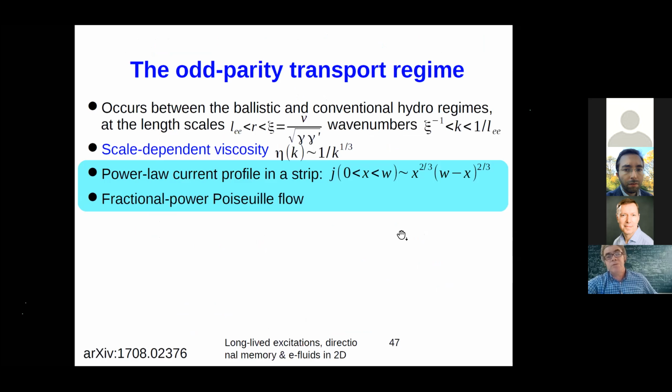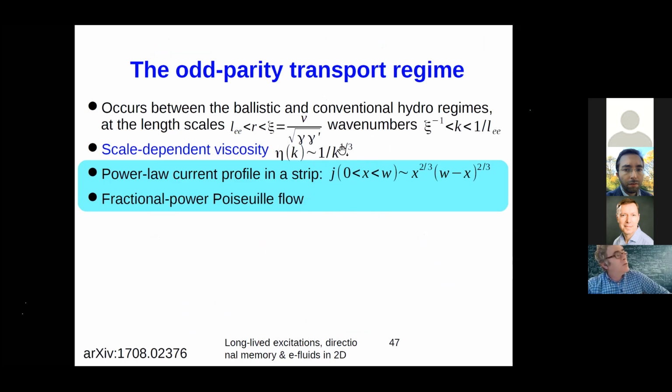Let's talk about manifestations. If you have viscosity which is k dependent, as predicted by that approach, k to the power minus a third, then what do you expect to see, for example, in the standard Poiseuille flow experiment, when you take a pipe and push fluid through it?